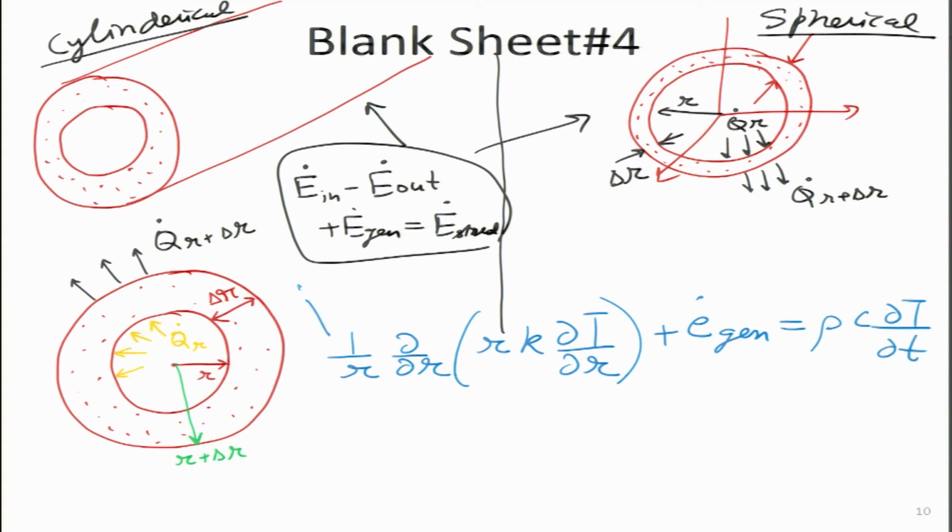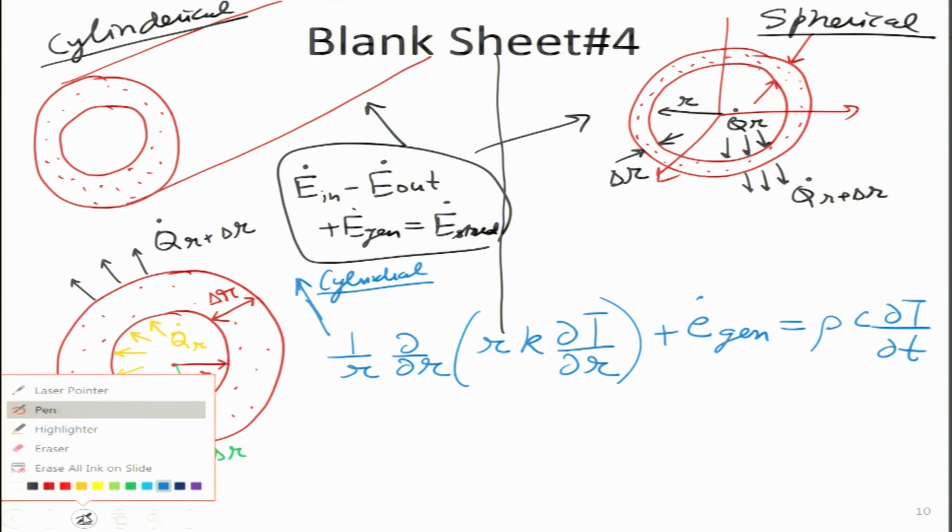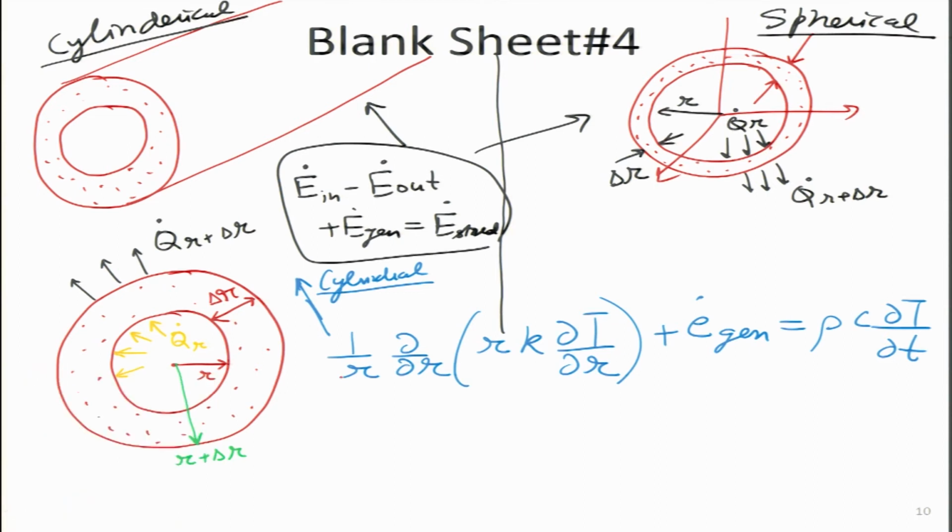And this equation is for the cylindrical case. Let me highlight one or two points over here, so that it becomes very clear to all the audience members. This R, let me write with a different color, and I will explain the reason for that in just a little while.